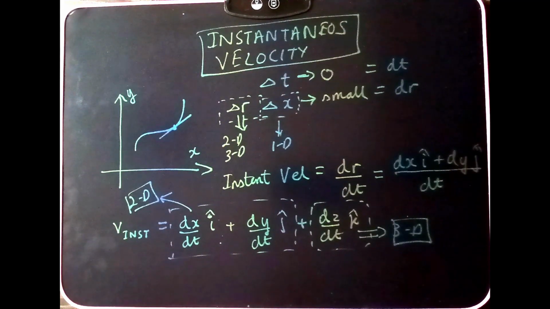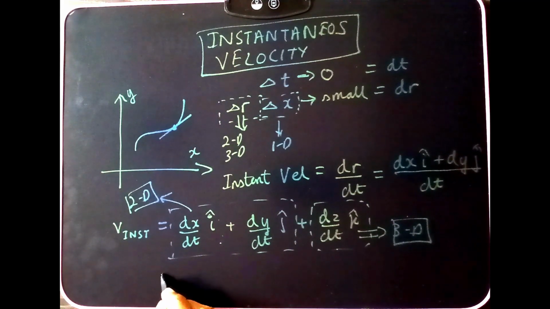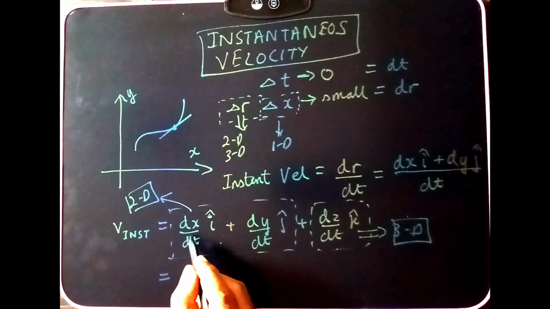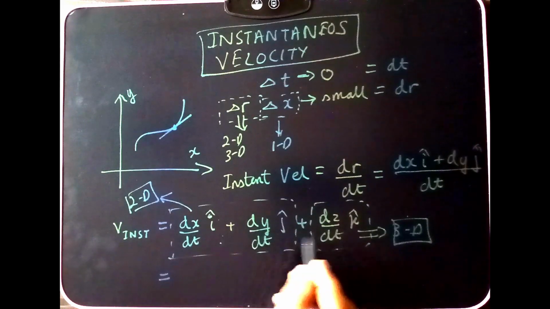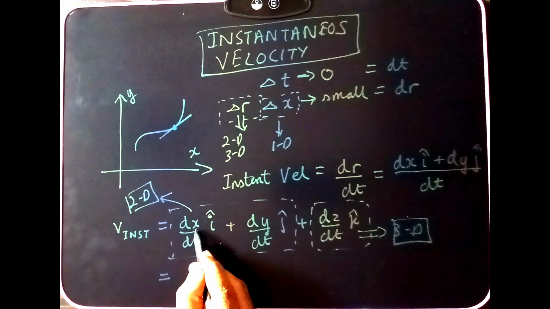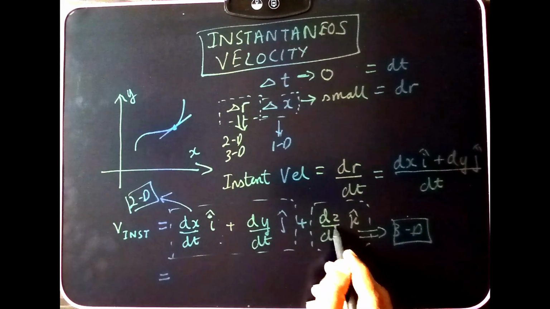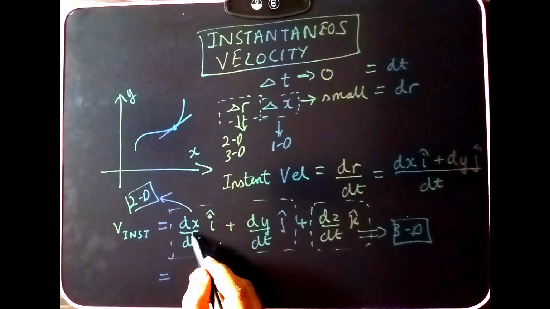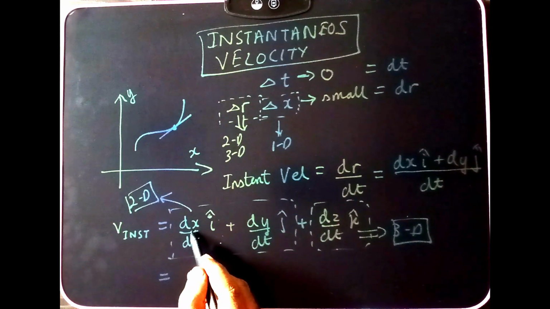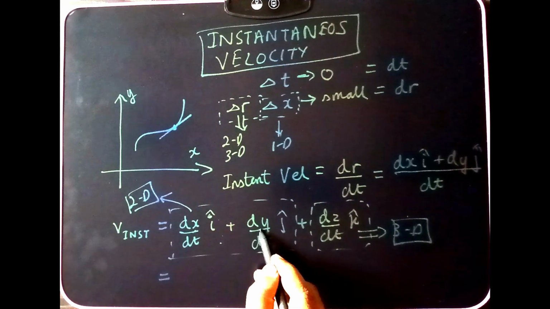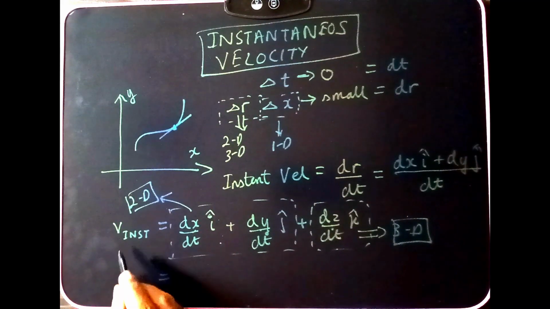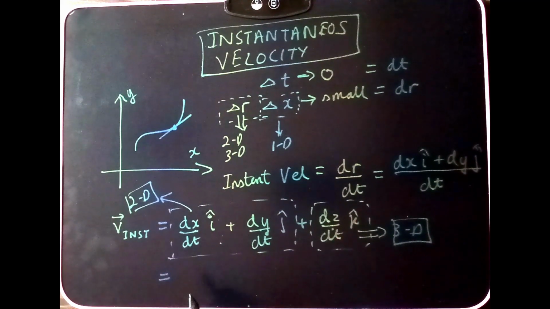So we can see that instantaneous velocity is the sum of the instantaneous velocity on each of the one dimensional axes. The x-axis is one dimensional, the y-axis is one dimensional, the z-axis is another one dimensional. So the projections, that means the instantaneous velocity on x, instantaneous velocity on y, plus instantaneous velocity on z, will give you the instantaneous velocity of the 3D or the 2D motion.